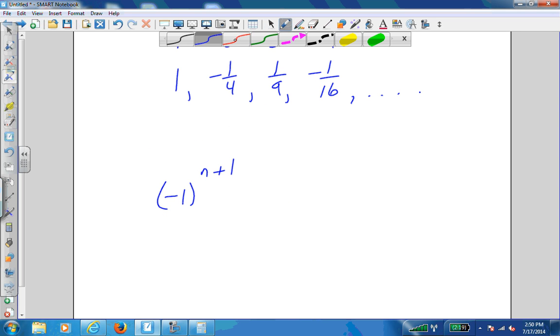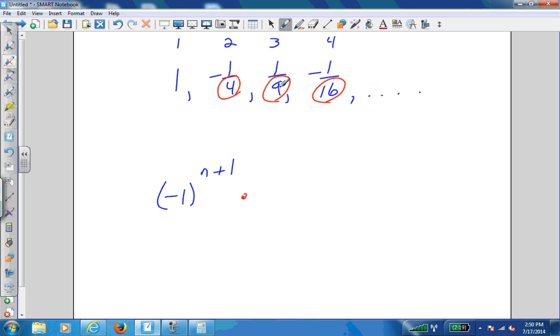Now we just need to figure out how to account for the values we have. Notice that the denominators are all perfect squares. This denominator is 2 squared, 3 squared, 4 squared. We don't have this written as a fraction, but if we put it over 1, that denominator is 1 squared.